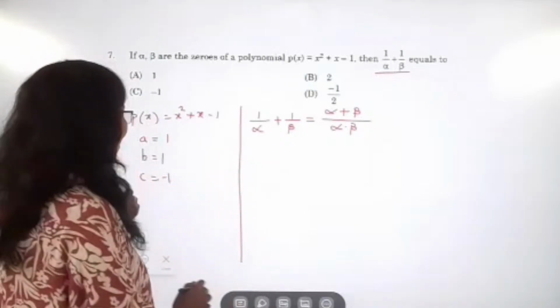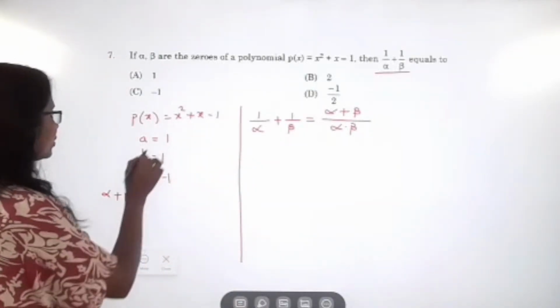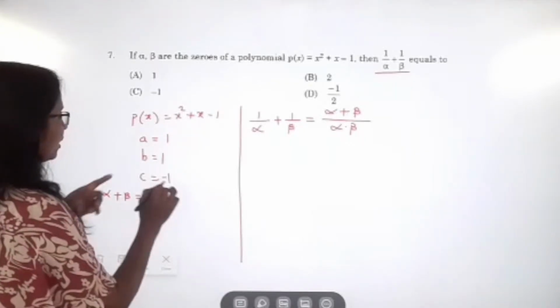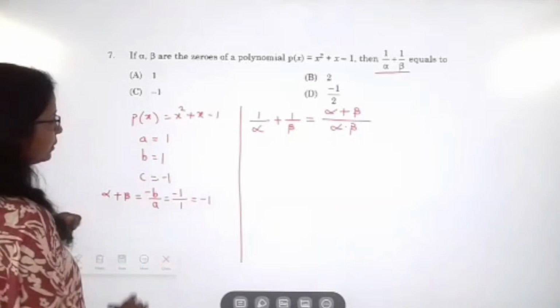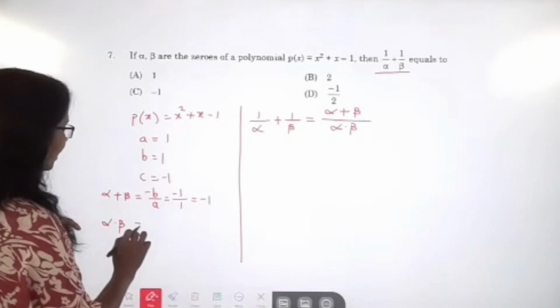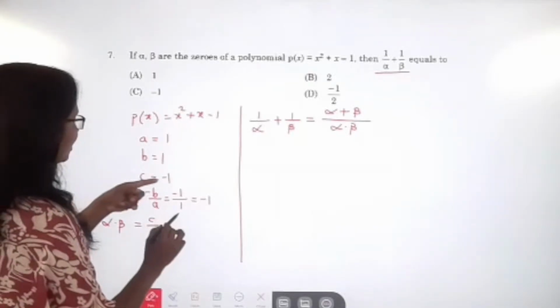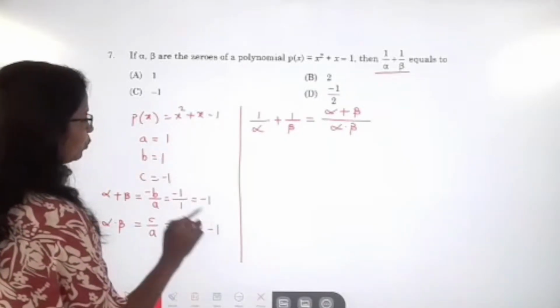How can we find alpha plus beta, the sum of the roots? It is minus b upon a, which is equal to minus 1 upon 1, which is equal to minus 1. And the product of the roots of the quadratic equation is c upon a, that is minus 1 upon 1, which is equal to minus 1. Both answers are minus 1.